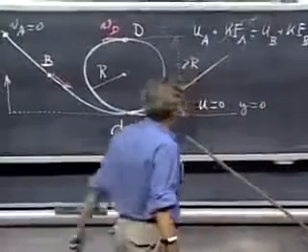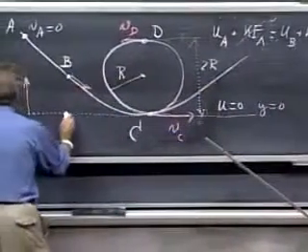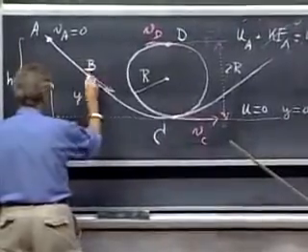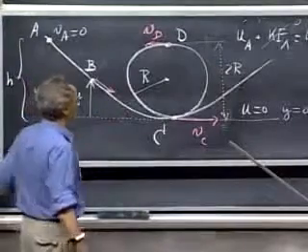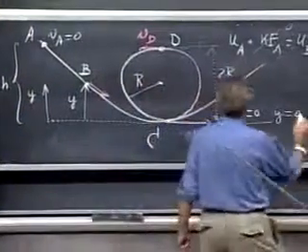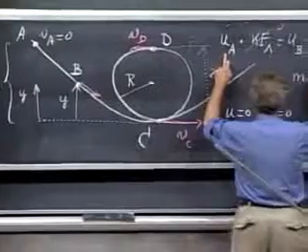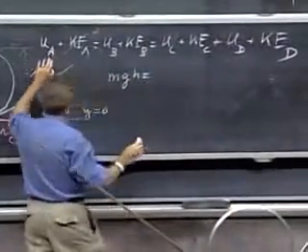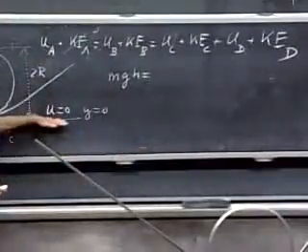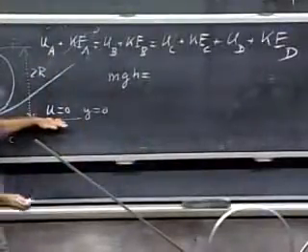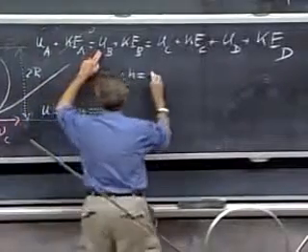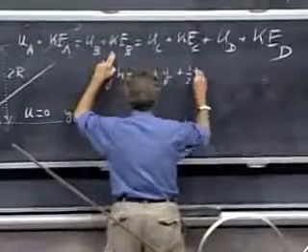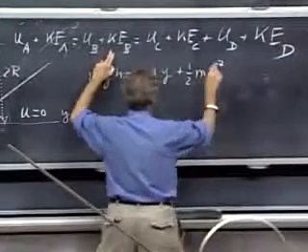And so now I can write this in general terms of y. Say, take this point B, think of that being at a location y above the 0 line. Then I can write down now that U_A, which is mgh, that was a given when I started, that was all the energy I had, that was my total mechanical energy. If I call this U_0, which is a free choice I have, it equals U of B, which is now mgy, plus 1/2 m v squared at that position y.